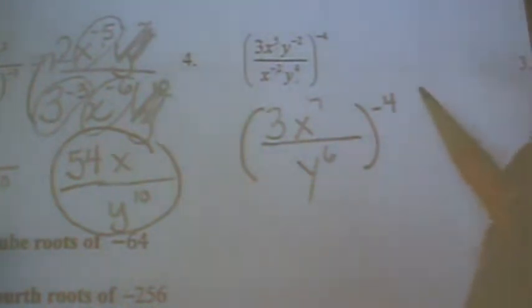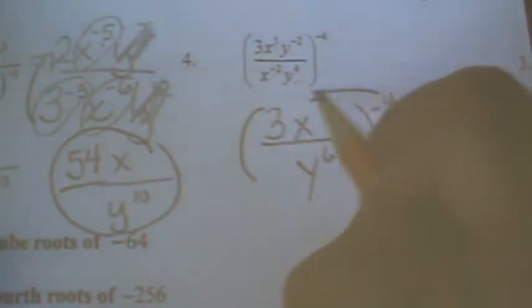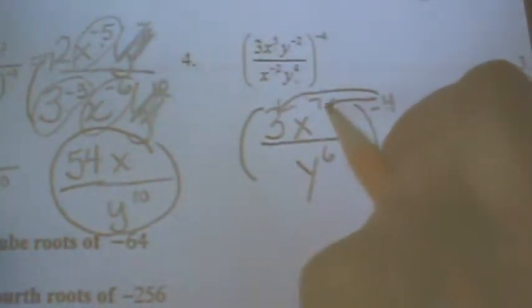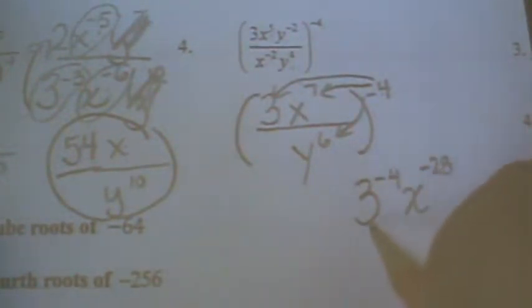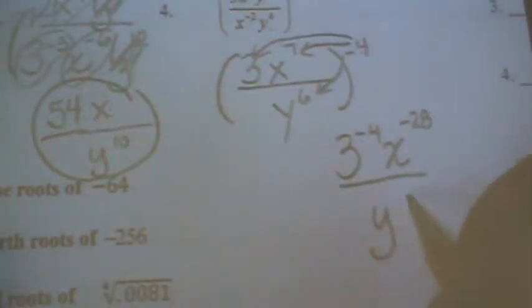Now I've got to distribute this to here, into here. So you have 3 to the negative 4th, x to the negative 28th over y to the negative 24. Now, I don't like these negative exponents, so what are you gonna do? You're gonna change all the negative exponents. So the 3 to the negative 4th is gonna come on the bottom.